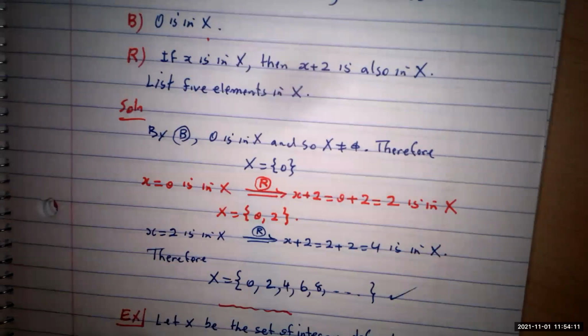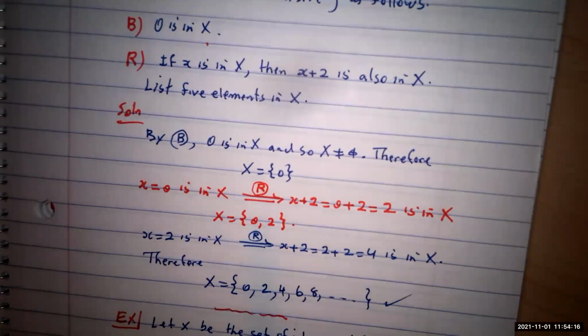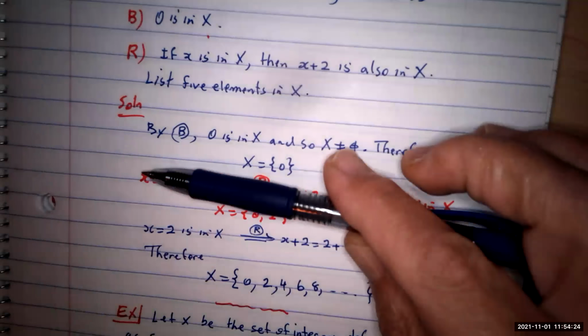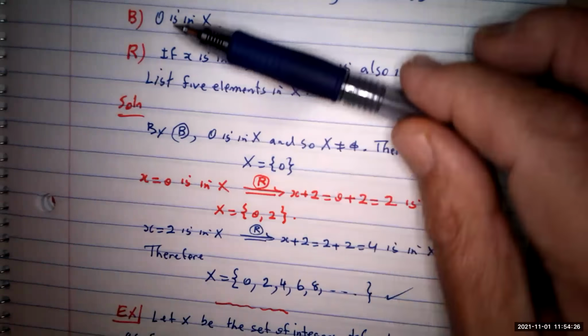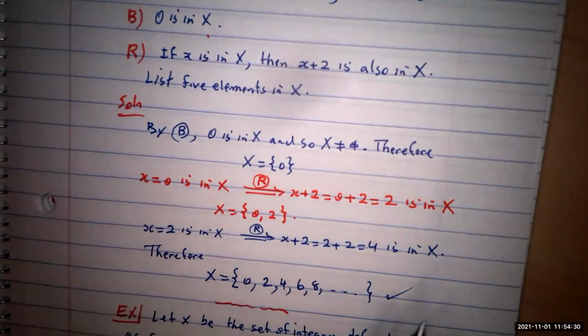What's going to be the next step? Remember, the next step is if k is an integer and Pk is true, you prove Pk plus 1 is true. You fix one step and you do the next step. What we're going to do in this case is quite interesting.